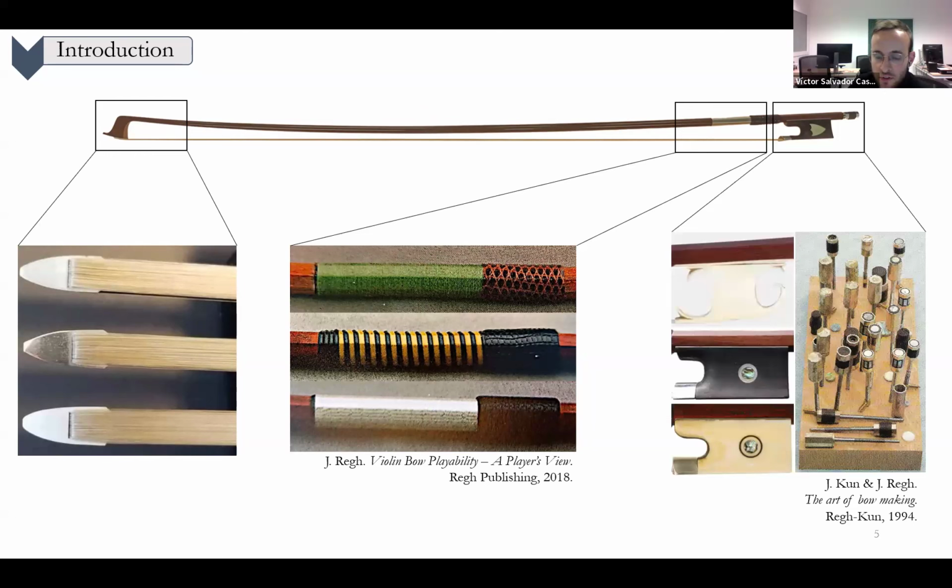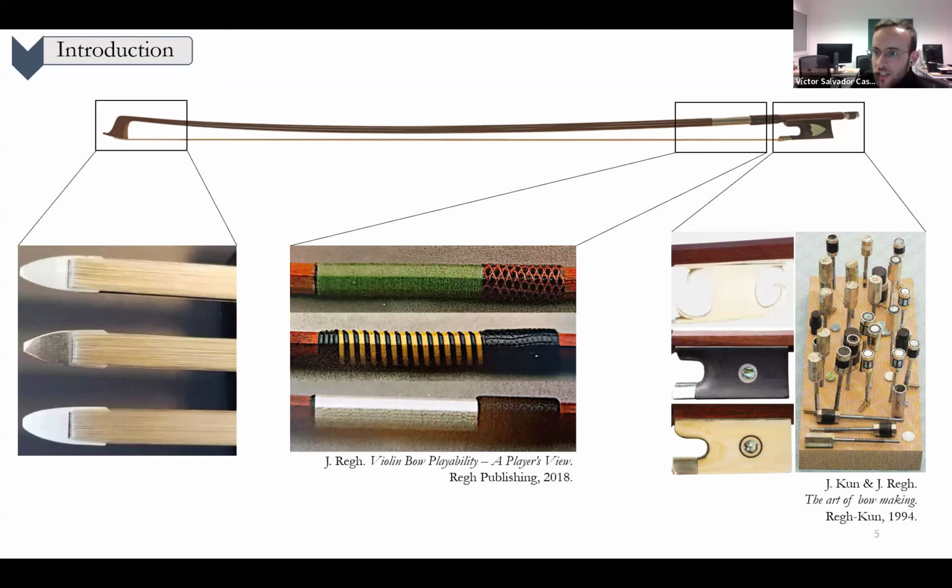But also at the frog, we can have different materials for the frog, and also for the button, and even different morphologies for the frog. So there is a certain leeway in adjusting the bow mass distribution even after it's been built, and that is thanks to the use of different materials.